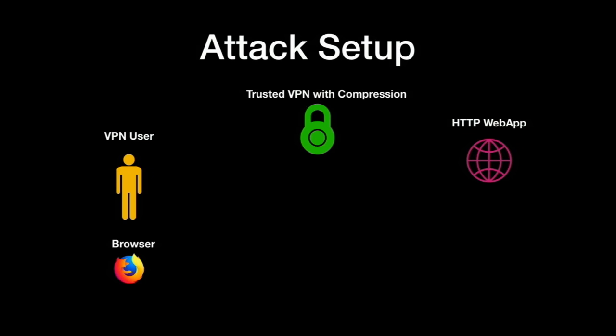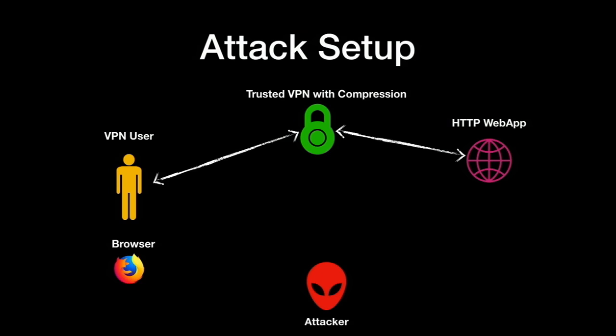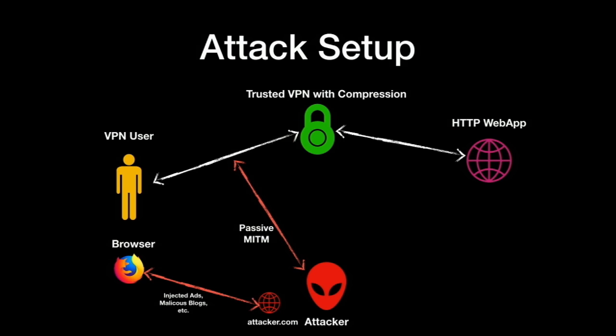So they use a trusted VPN provided by their corporate or the ones that they want to use, and in this case, they are protected. However, if you have an attacker who can conduct an Oracle attack here, they would have an attacker.com, which can host the injected script, as I said, and we can assume that he can do passive MITM and he can inject ads into the website.